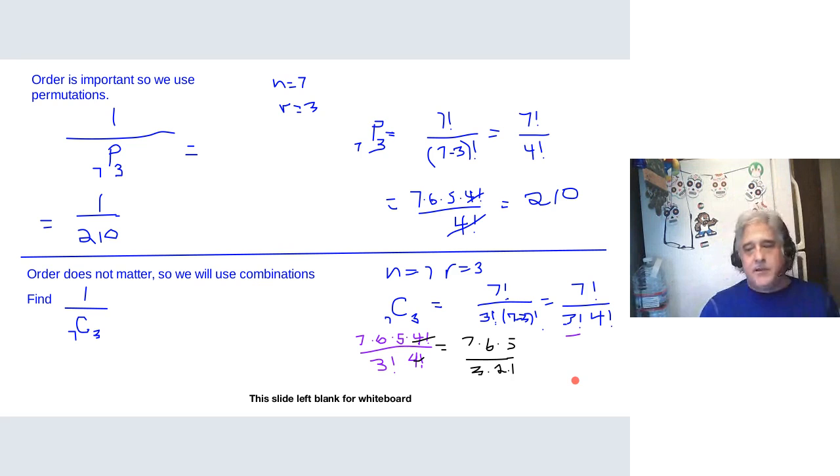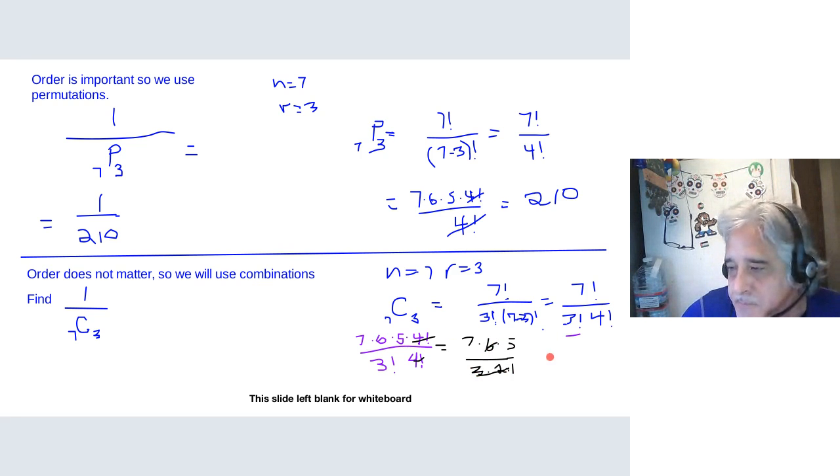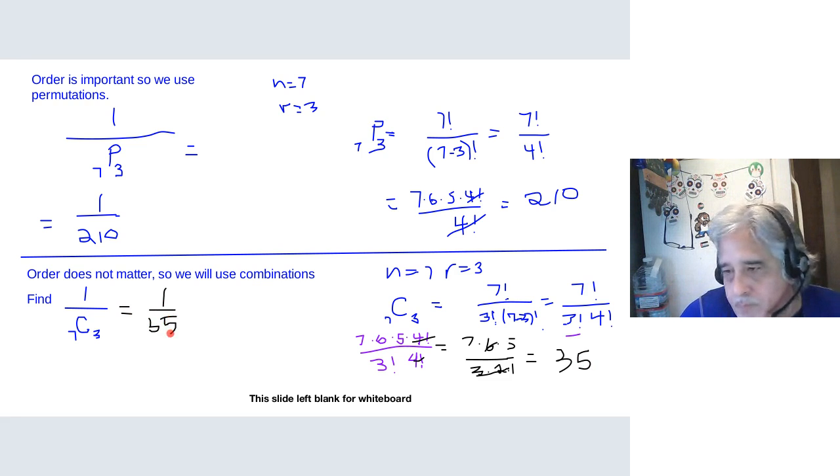So the easiest way is just to strike out the 6, because this is 6 and that's 6, so we got 35. So as I said, if you would have taken 210 and divided by 6, you would still get 35.